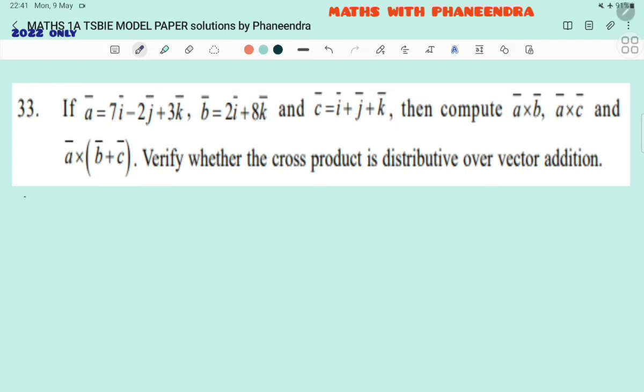So first what we have to do? First write the given vectors and find out A bar cross B bar, A bar cross C bar. Given vectors, first step.